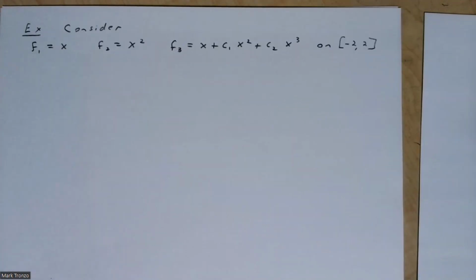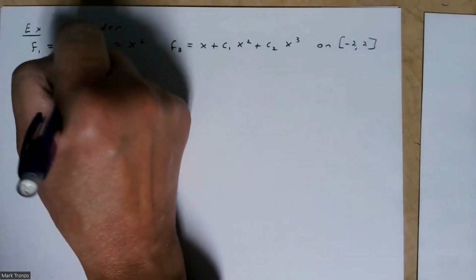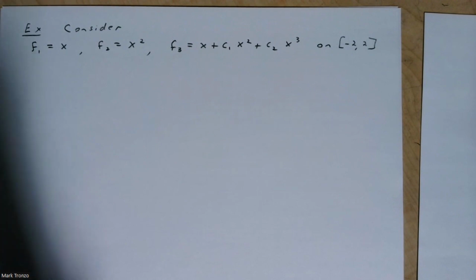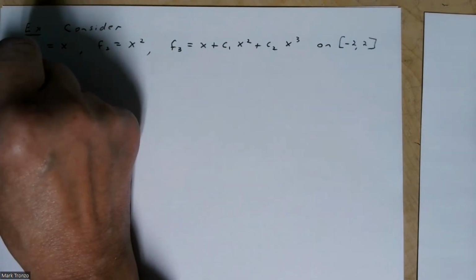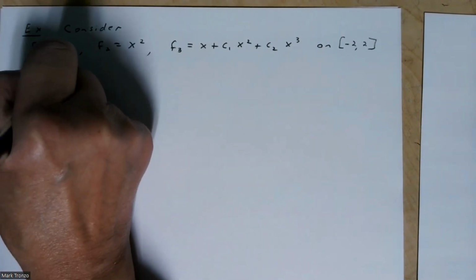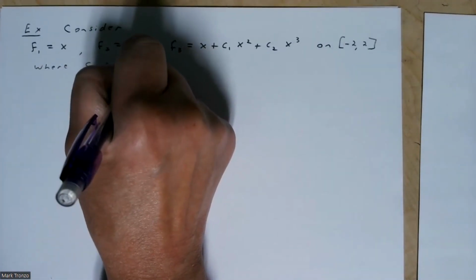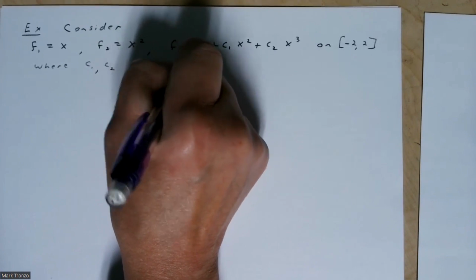So let's consider these functions on -2 to 2, where C1, C2 are constants.